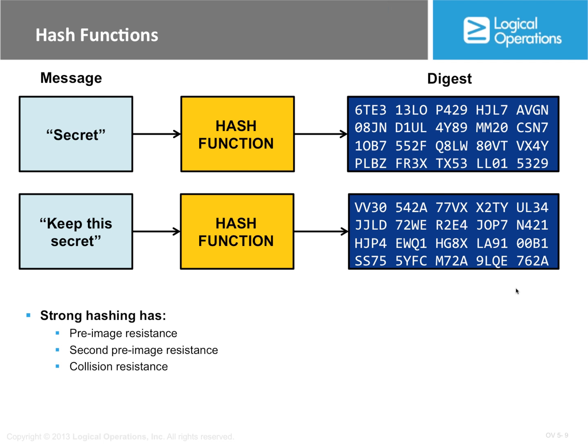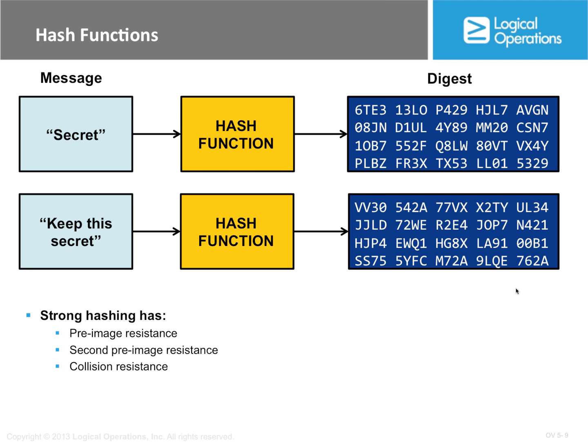So the basic rules that a hash algorithm should follow: first, an attacker should never be able to generate data based on the hash value. We would call that having pre-image resistance. So not being able to reverse engineer to get data from a hashed value, that is pre-image resistance.